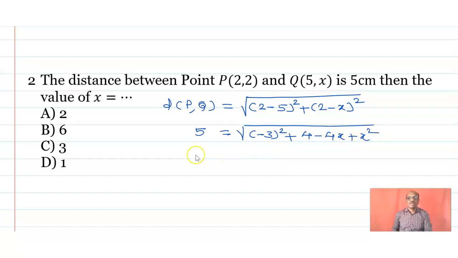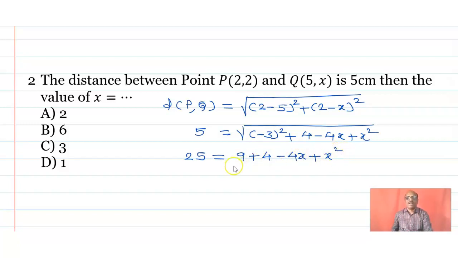Okay, now again squaring on both sides, you will get here 25 equals -3 square means what? 9 plus 4 minus 4x plus x square.